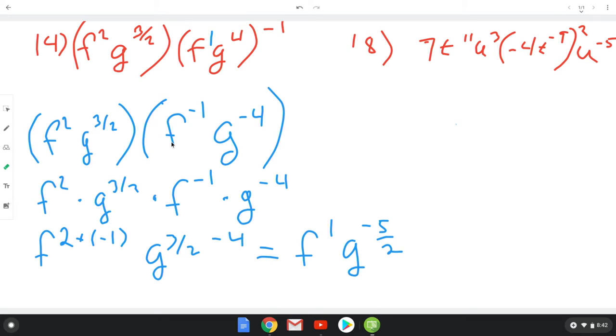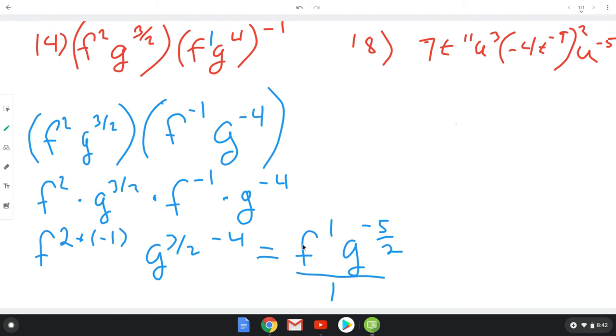So our last step here is, again, remember that we can't have a negative exponent in the answer. So when you have a negative exponent, you have to remember that this is over an invisible 1, and you bring anything with a negative exponent to the denominator or to the other side. If it's already in the denominator, you bring it up to the numerator. But since it's in the numerator, we're going to bring it down to the denominator.